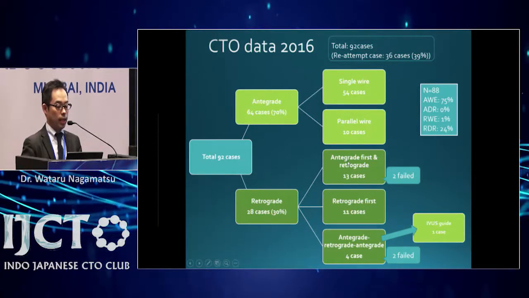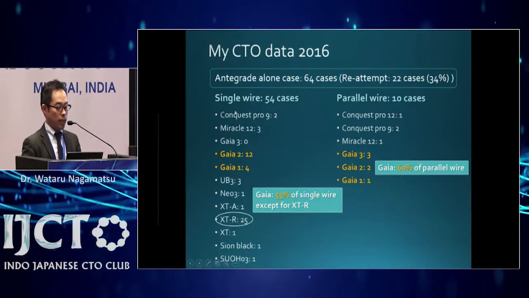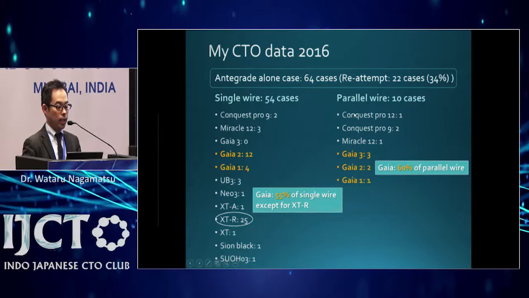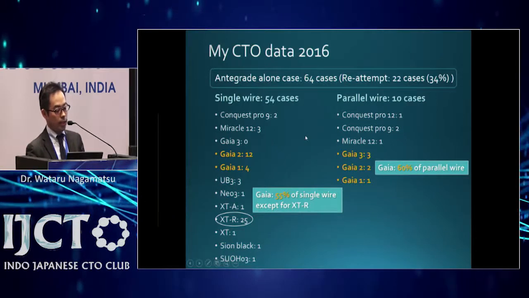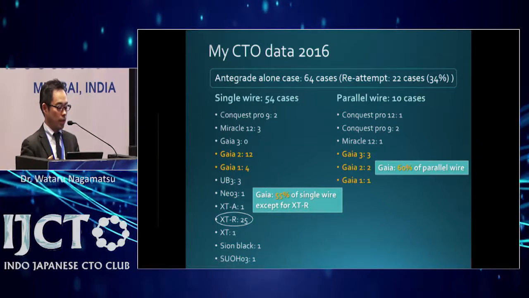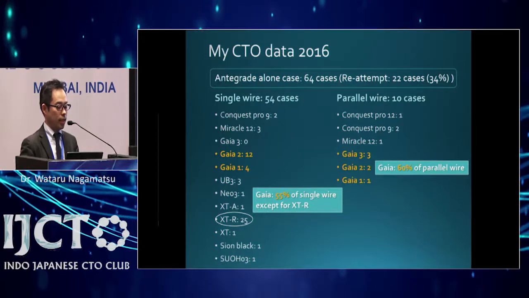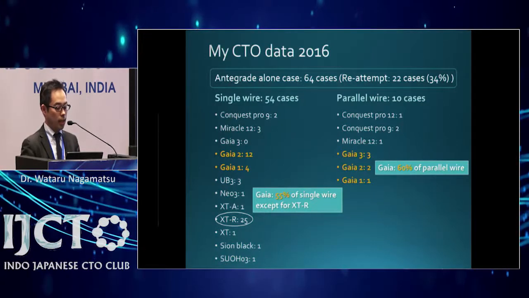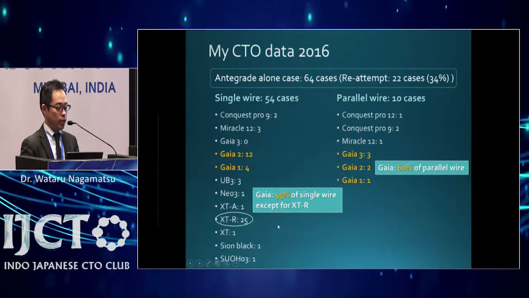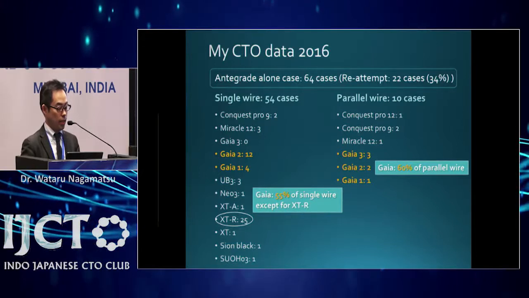Anyway, I checked the guide wires. I performed the single guide wire technique in 54 cases and the parallel guide wire technique in 10 cases. Except for the XTR guide wire cases, the ratio of hard wire use was amazingly 55% in the single wire technique.